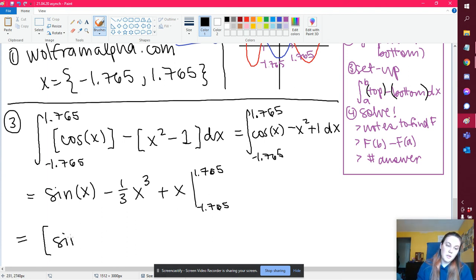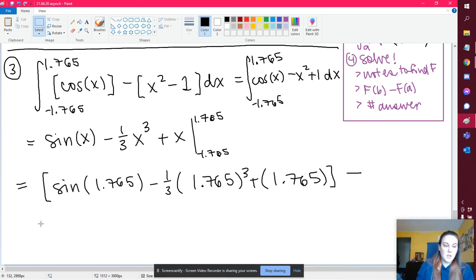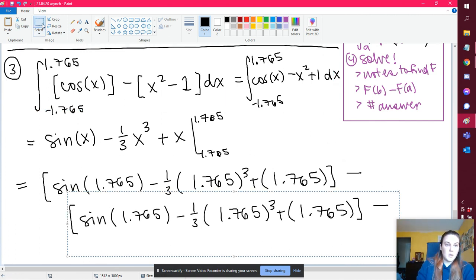So first we've got sine of 1.765 minus 1/3 1.765 cubed plus 1.765. And then we subtract the same thing, but we plug in a negative. Right?